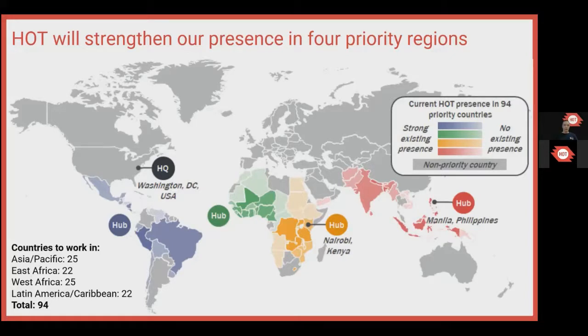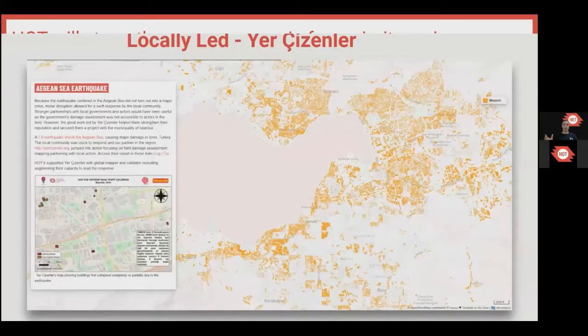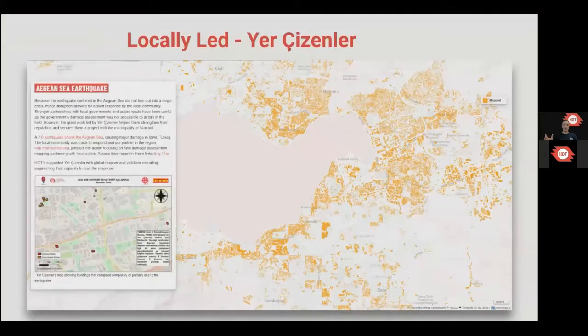Luckily, we have really good examples of communities that are doing this on their own. OpenStreetMap Turkey, during, I think, 2021, just last year, there was an earthquake between Greece and Turkey in the Aegean Sea. The local community in Turkey really stepped up and did an amazing job, rallying the community to make nearly 500,000 edits.